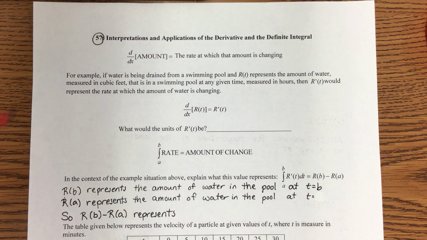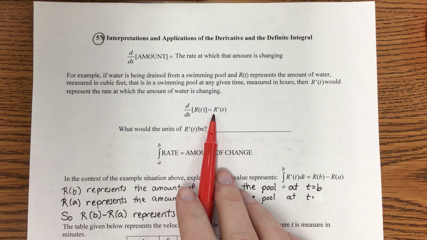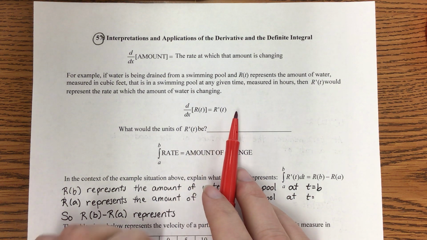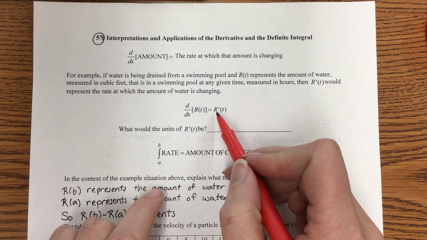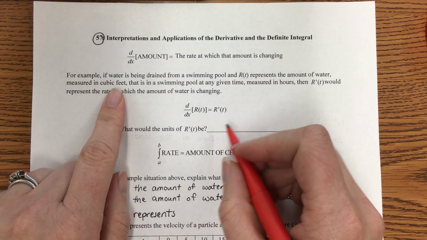For example, if water is being drained from a swimming pool and R of t represents the amount of water, measured in cubic feet, that is in a swimming pool at any given time, measured in hours, then R prime of t would represent the rate at which the amount of water is changing. If you take the derivative of R of t, you get R prime of t, and that would have units of whatever the units of R are, which was cubic feet.